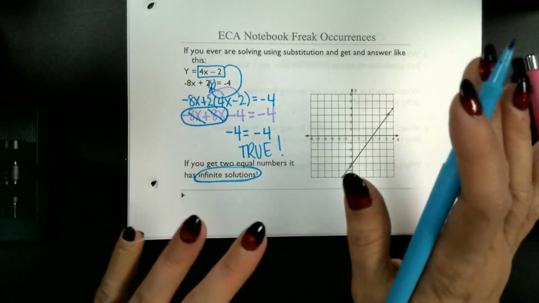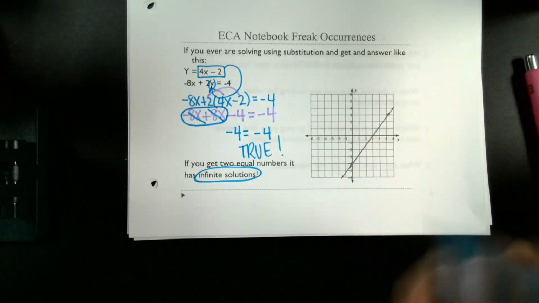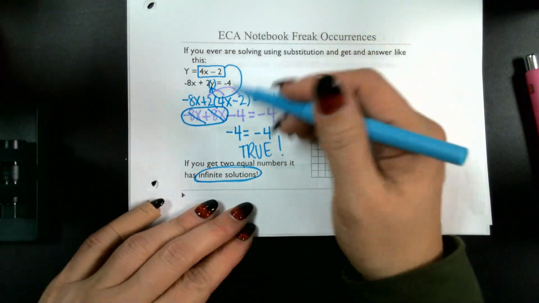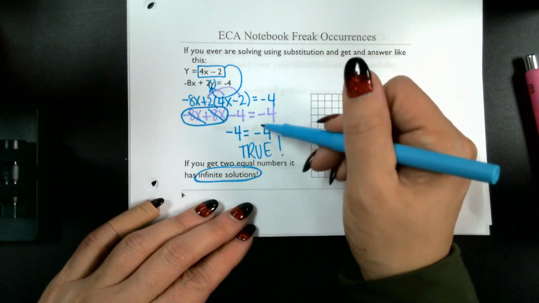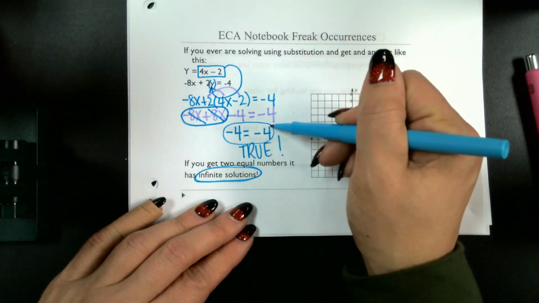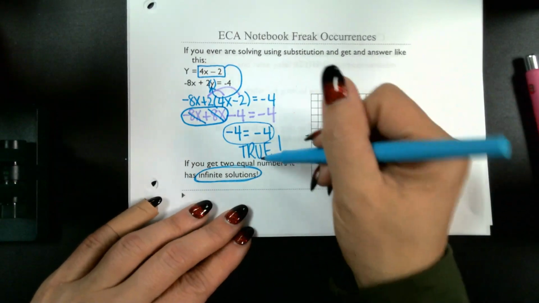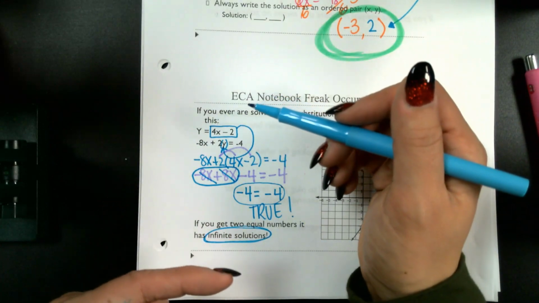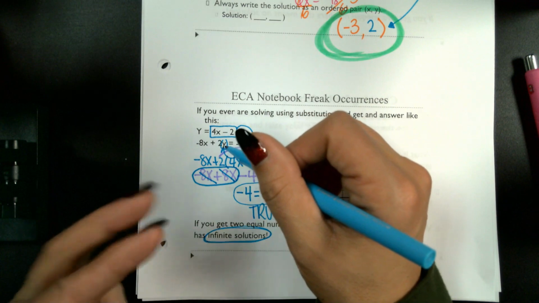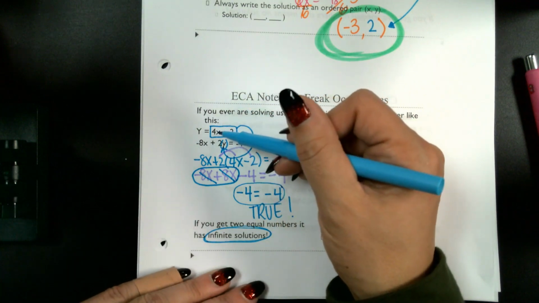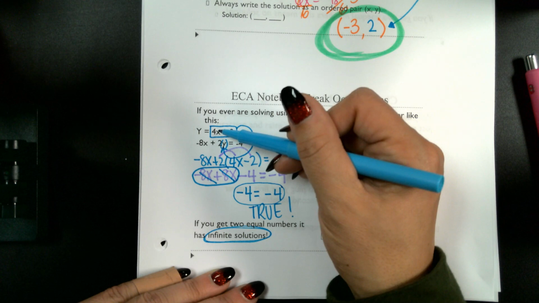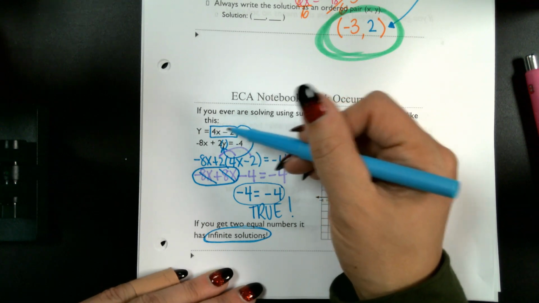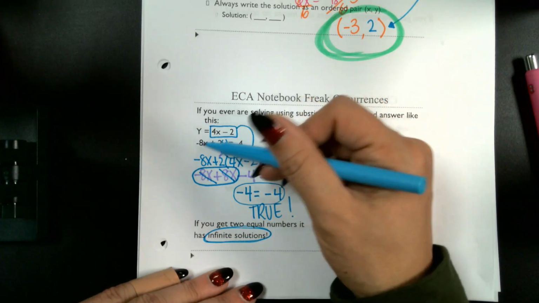Now, like I said before, this is not going to happen very often. But if you ever are doing substitution and your x's cancel, you're either going to be left with a true statement or a false statement. If it is true, that means no matter what number we plug in for x, let's say we plug in a 3 for x here. 4 times 3 is 12 minus 2 would be 10. 3 and 10 would also work here.